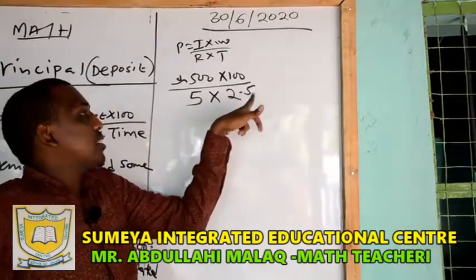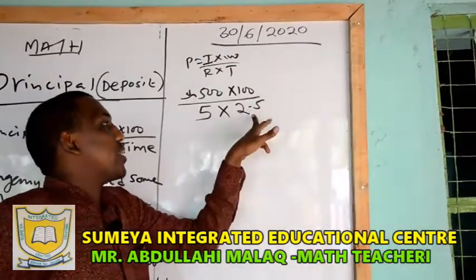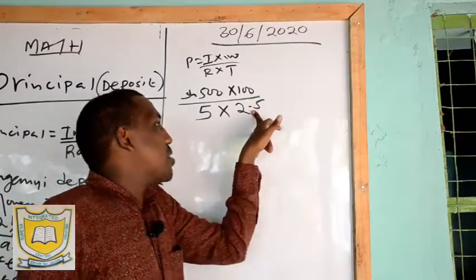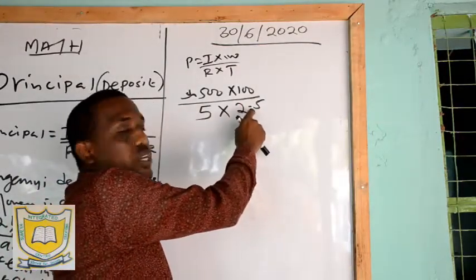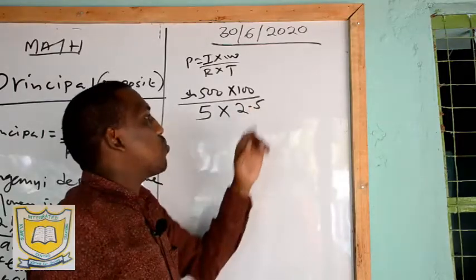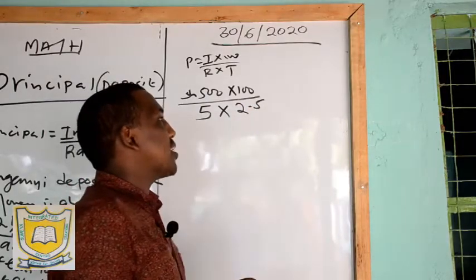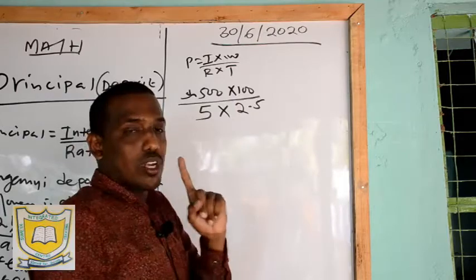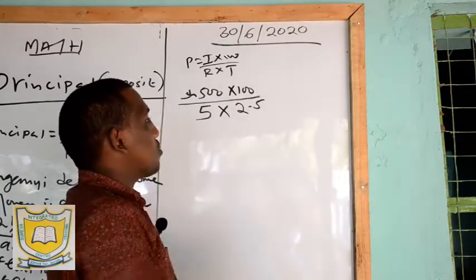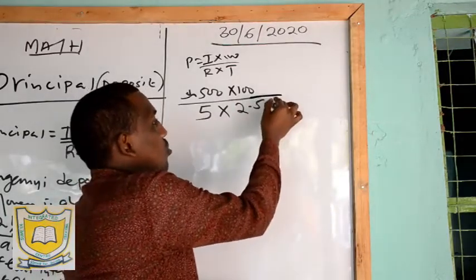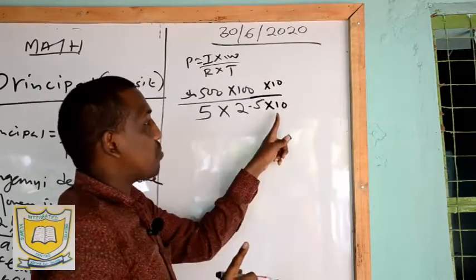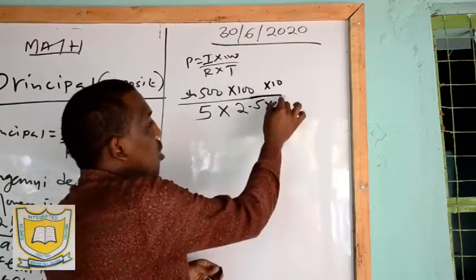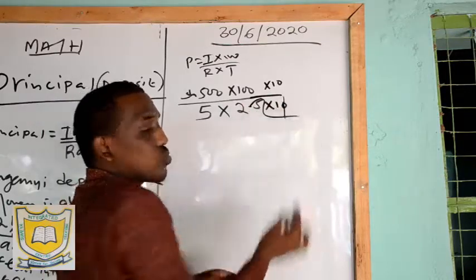This denominator has a decimal. So the first thing we do is to remove the decimal of the denominator. The decimal is only 1, we have only one decimal place. What we do now, we multiply times 10 both sides. After the decimal is one number, you say times 10 both sides. And now to remove the decimal, cancel, the point will go outside.